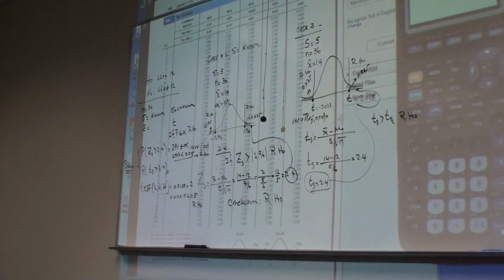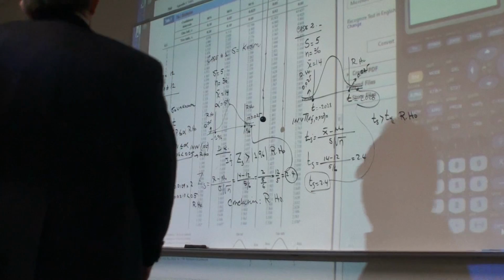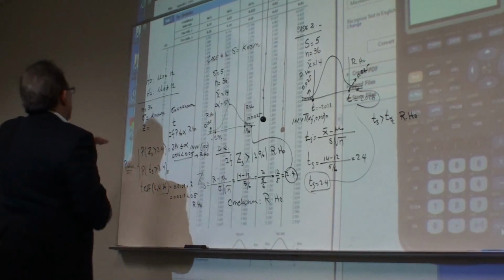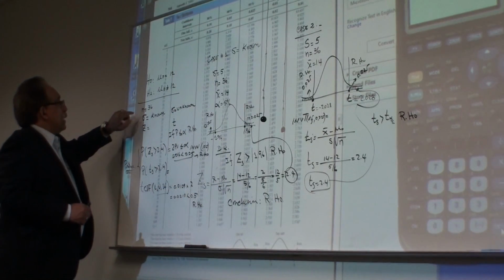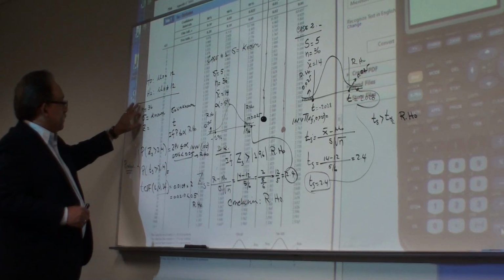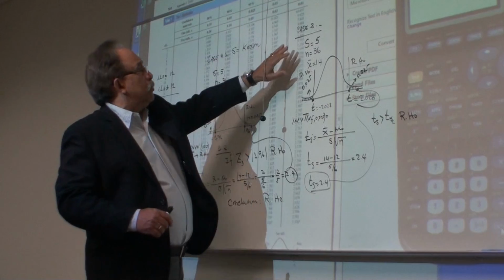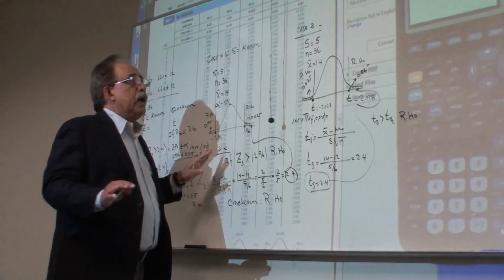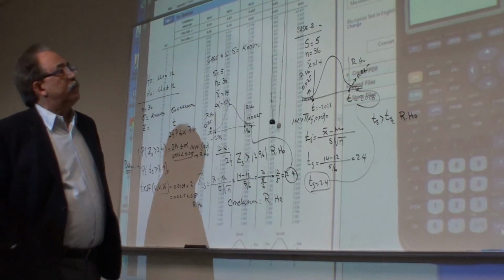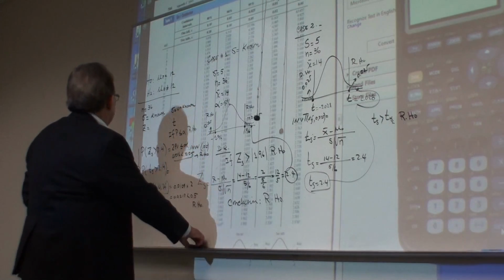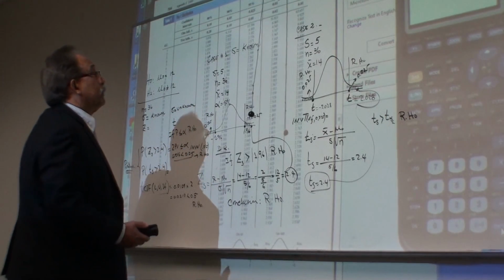All right, so that is for the mean. So you have 2 cases. If you know the population standard deviation, we use Z. If we don't know the population standard deviation, we use T. And that is just the case for hypothesis testing for the mean.